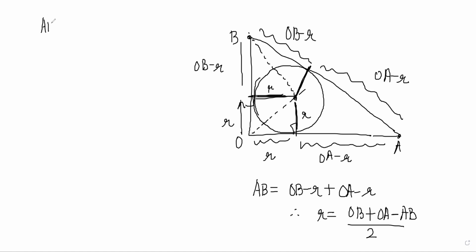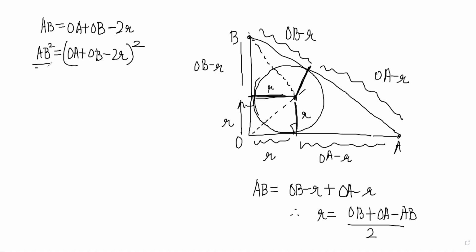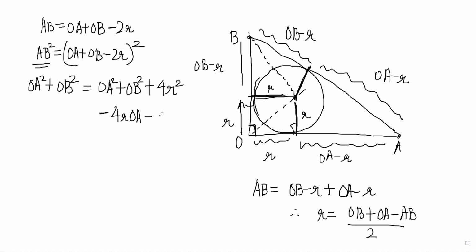We can say AB was equal to OA plus OB minus 2R. So AB square should be equal to OA plus OB minus 2R whole square. And AB square, since this is a right angle triangle, by Pythagoras theorem, is OA square plus OB square, which is equal to OA square plus OB square plus 4R square minus 4R OA minus 4R OB plus 2 OA OB.